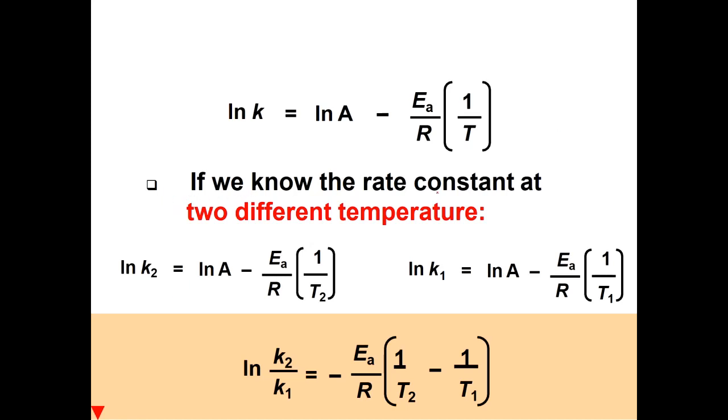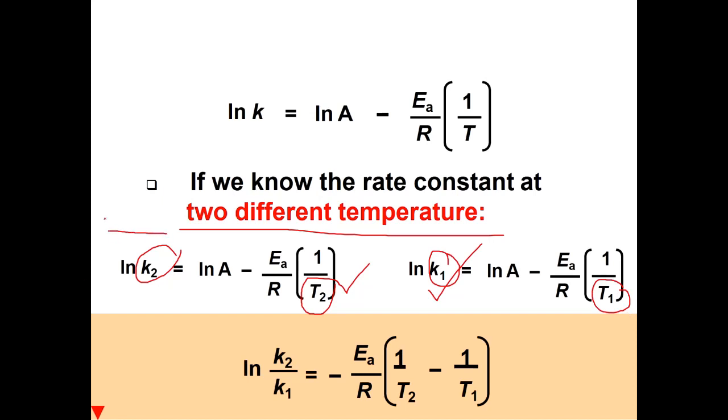Okay, if we know the rate constants at two different temperatures, so we have ln K2 and ln K1, K1 at temperature 1 and K2 at temperature 2. This one I label as equation number 1, and this one is equation number 2.